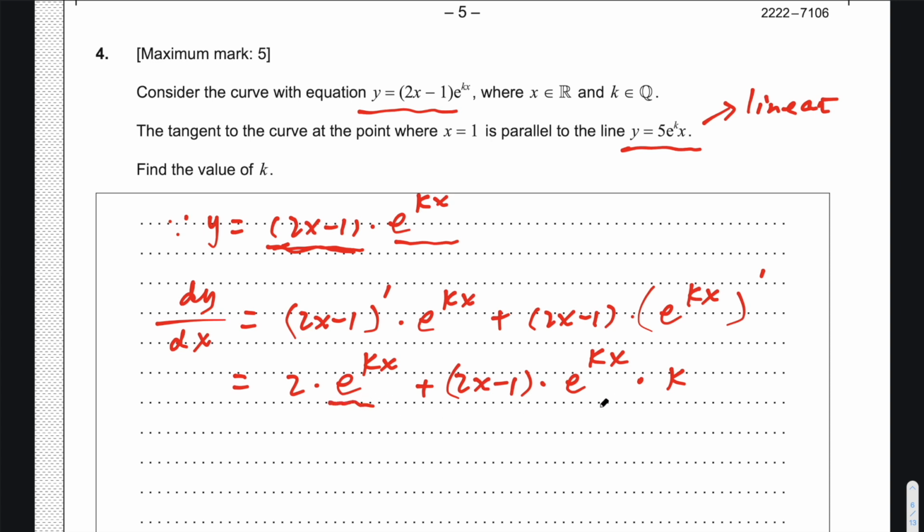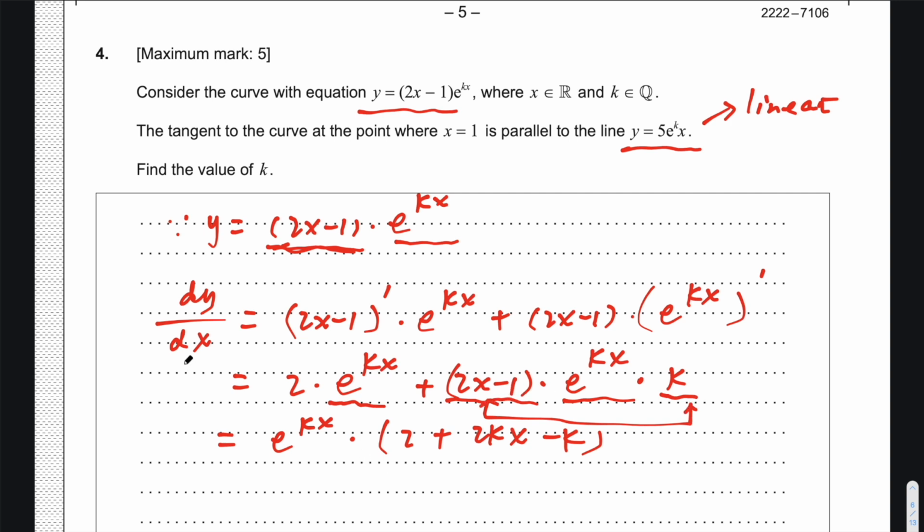Okay. We can factor out an e to the power of kx, so we get k times e to the power of kx times 2 plus 2kx minus 2, right? We just multiply these two terms together.